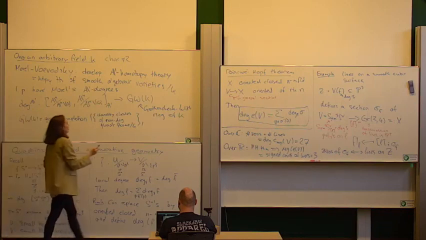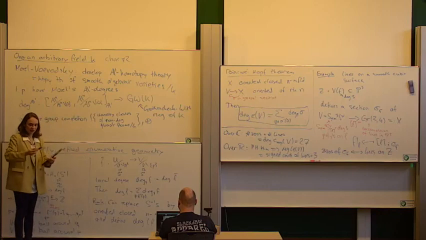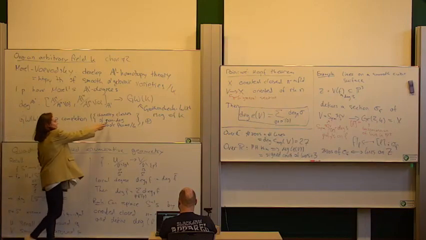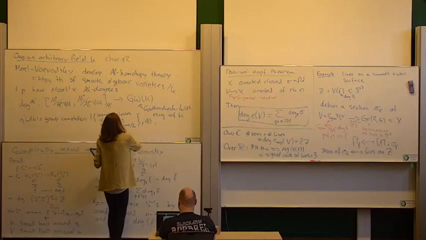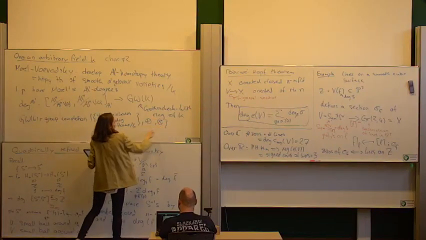So I need a monoid structure. And there I take the direct sum. I can take two quadratic forms and take the direct sum, and I get another quadratic form. So I get a monoid structure on this set. Then I get a group, but I say it's a ring because I also have a product, namely the tensor product.